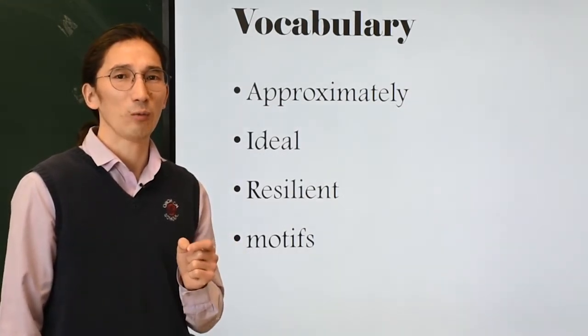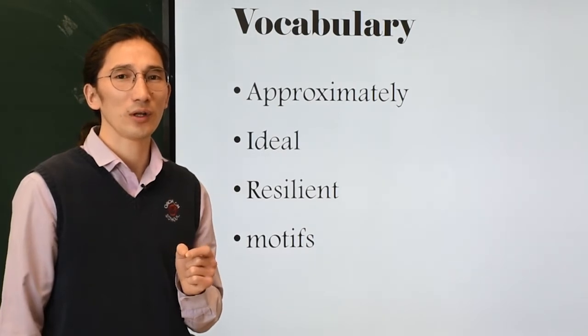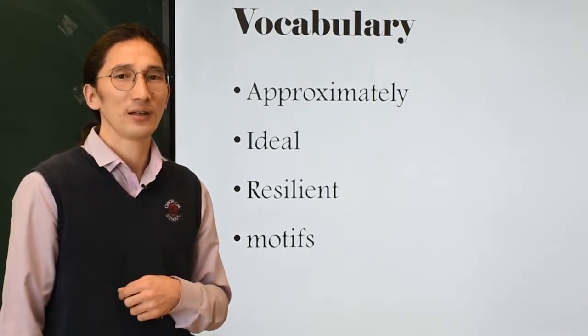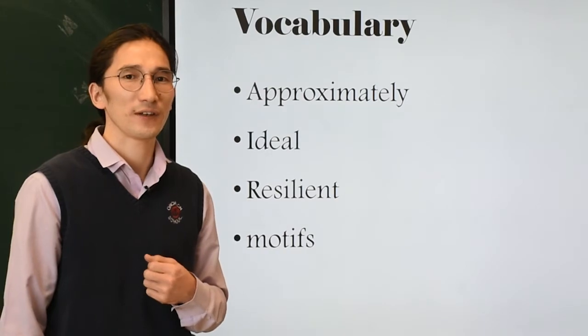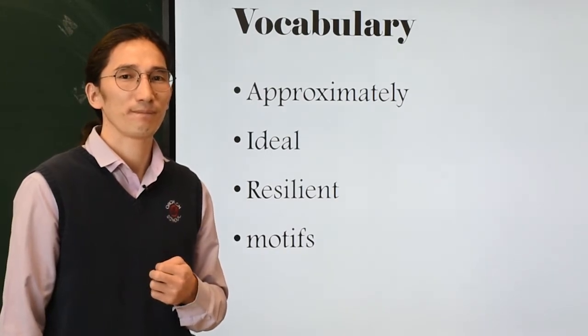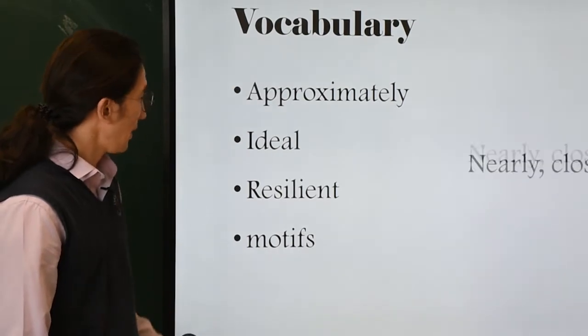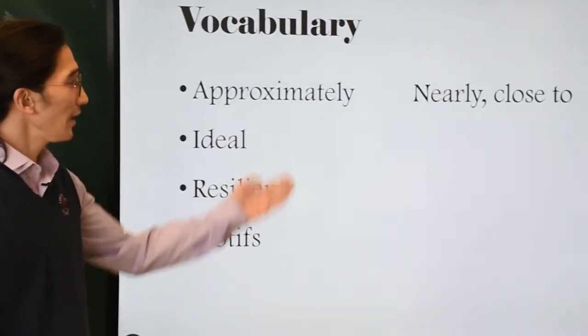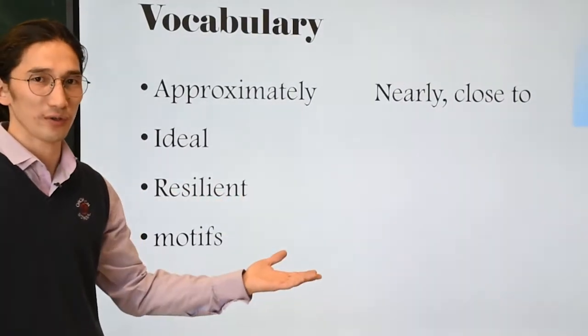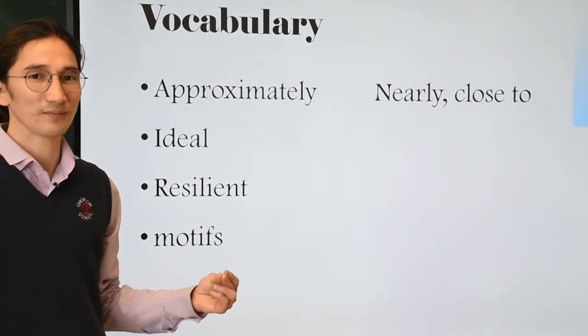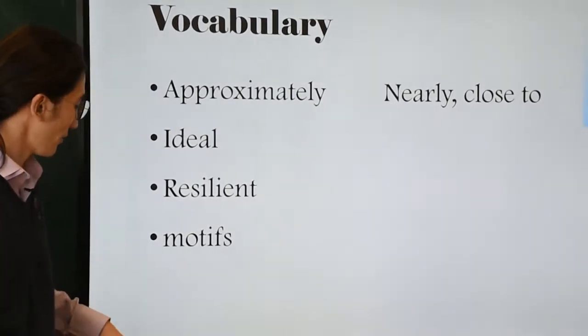I'll wait for a while and then we will reveal the meanings of these words. Okay, so approximately, it means nearly or close to. Hope that you got the answer.